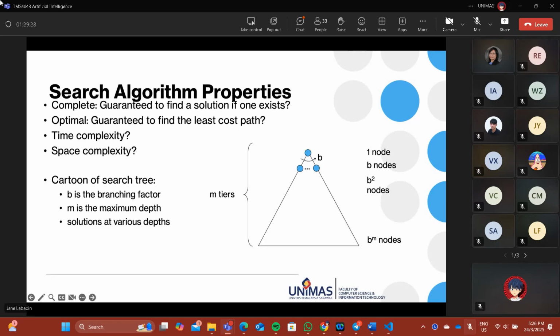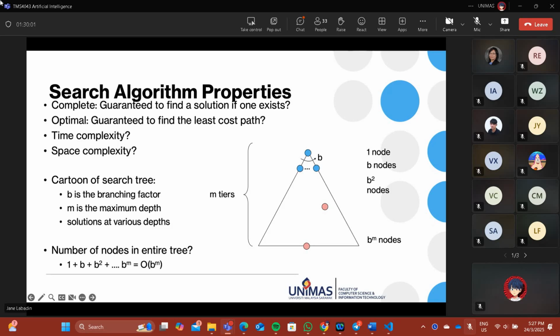So the solution can be at various depths. The pink ones are the solutions, so it really depends on where they are. The number of nodes in the entire tree would be your space.